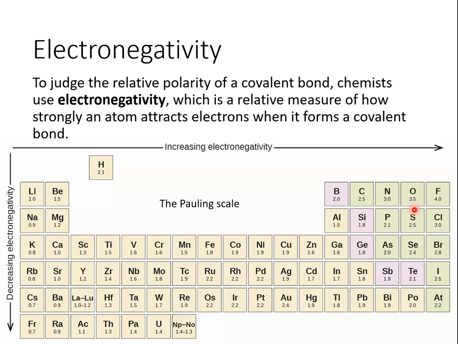Oxygen's 3.5, so many things that are bound to oxygen would also make a polar covalent bond. And so we can use this simple subtraction to look at the difference between these values and decide if it's going to be polar or not.